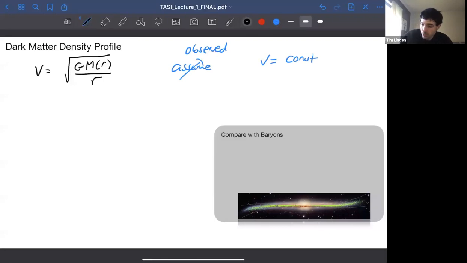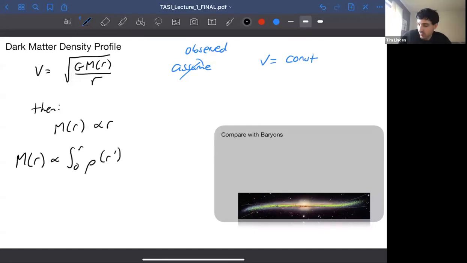Then we know M of R is proportional to R. And if M of R is proportional to R, you can calculate this out. M of R, the integral from 0 to R of rho of R prime, R prime squared, dR prime, tells you that rho of R is proportional to R to the minus 2.